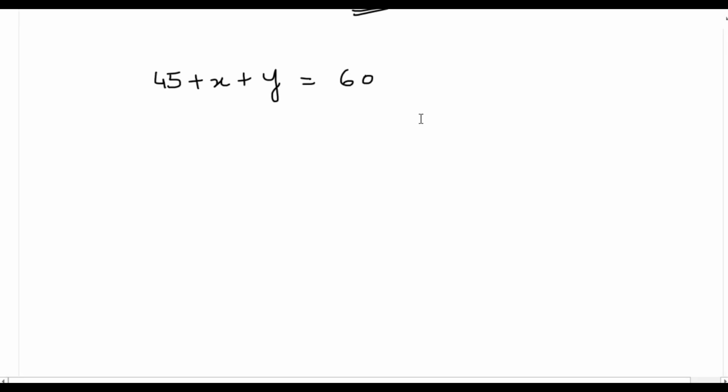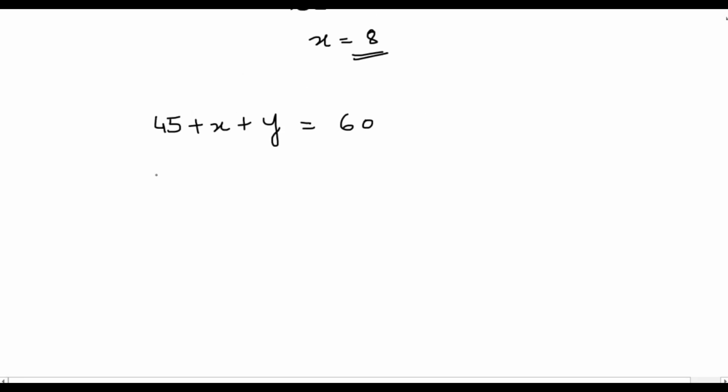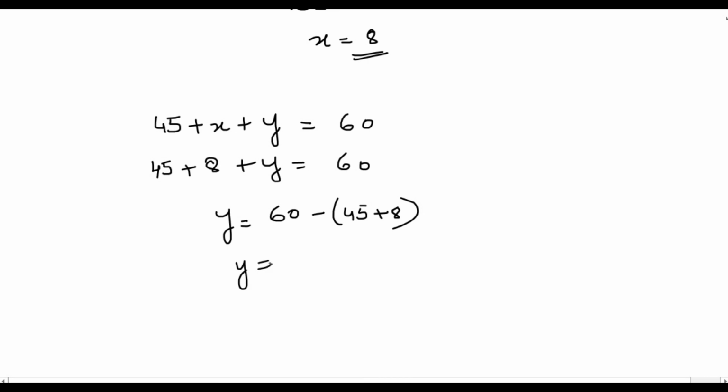Just now we got the value of x as 8. So 45 plus 8 plus y equals 60. To simplify this, y equals 60 minus 45 plus 8. So when you subtract this, you will have the value of y as 7.